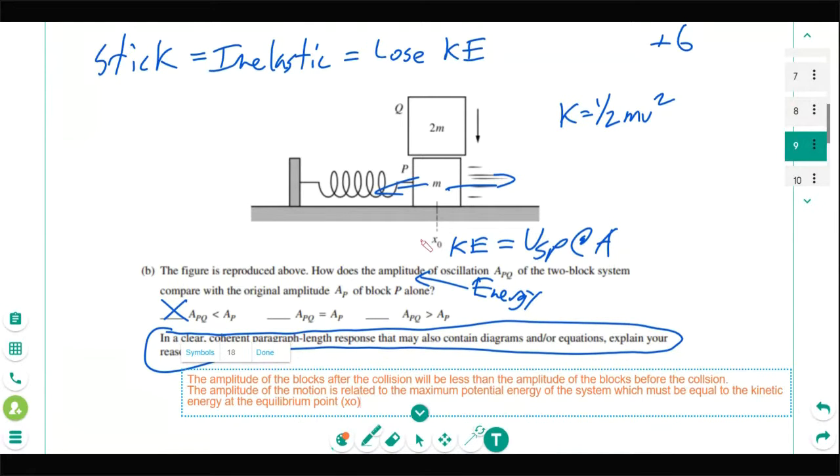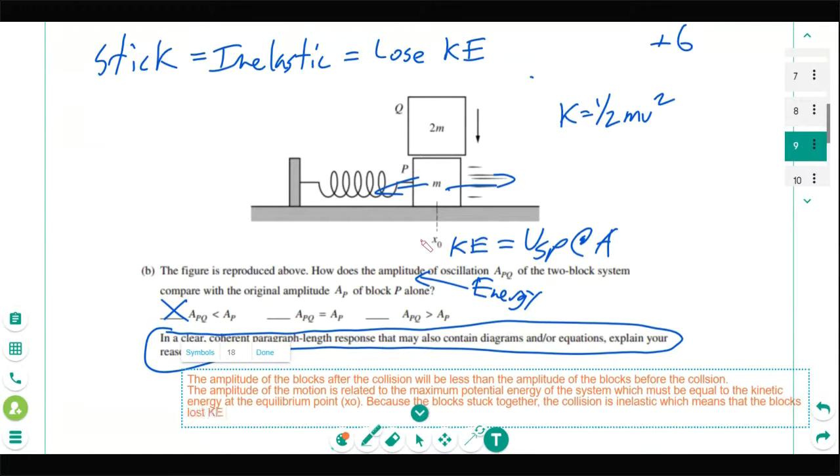This is potential energy at the extremes, at the amplitude point, must be equal to kinetic energy at the equilibrium point, at the max amplitude.